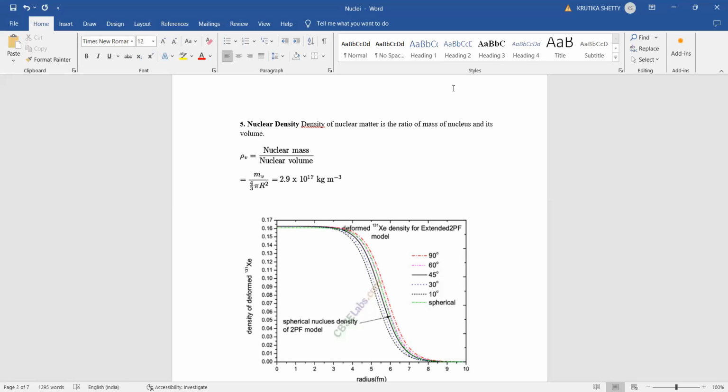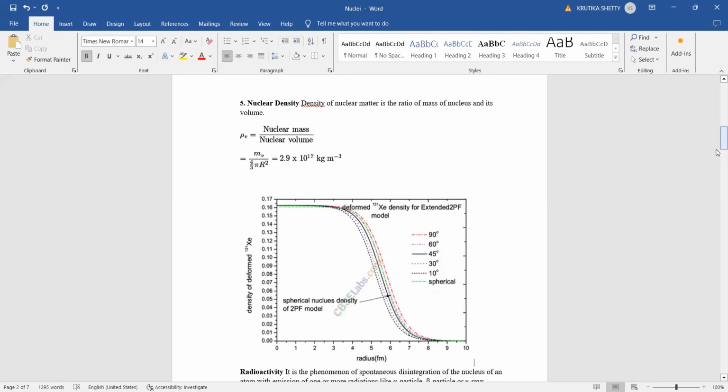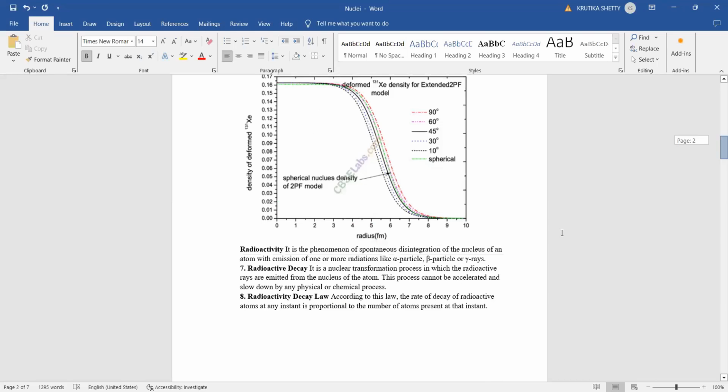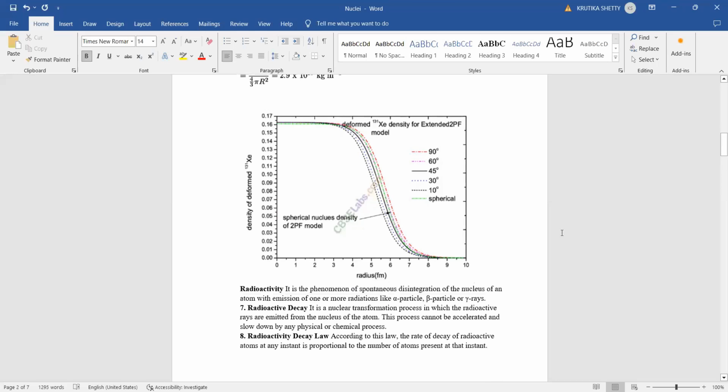They have given a standard value, that is 2.9 into 10 raised to 17. Below you can see a graph. It is the graph of radius versus density of the given atom. You can see the value is decreasing.